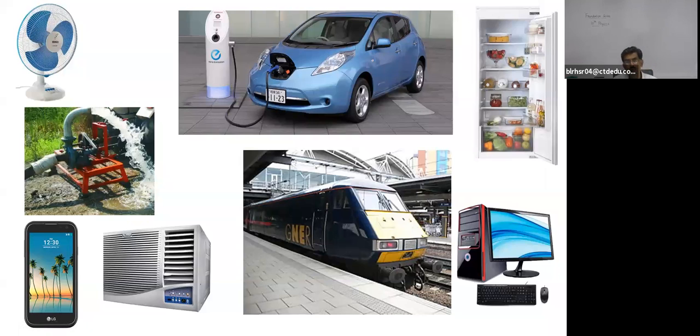So a fan, an electric water pump, an electric car, electric trains, they all have motors. In fact, I will leave you with one question. Electric cars, it is easy to understand, have motors. But even petrol and diesel cars have electric motors in them.